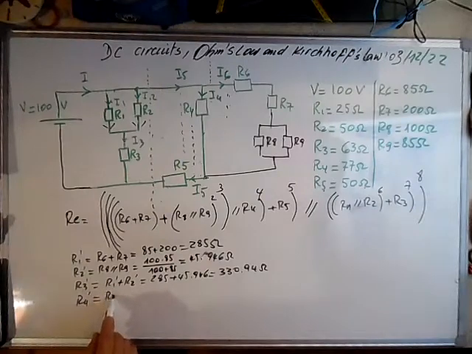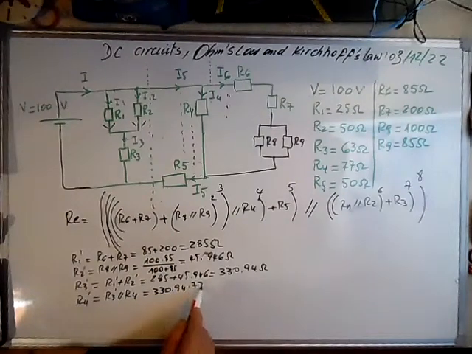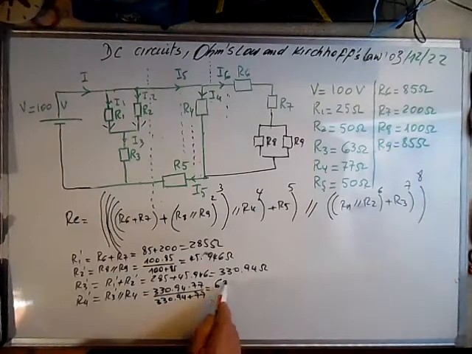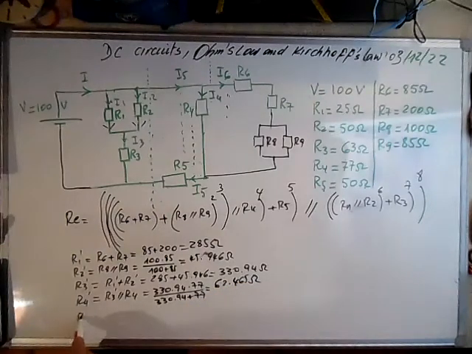This is R3 prime in parallel with R4, and this is 330.94 times 77 over 330.94 plus 77, and this is 62.465 ohms.